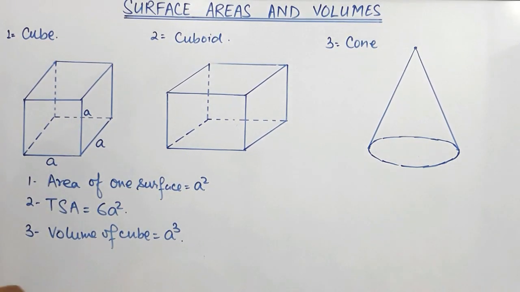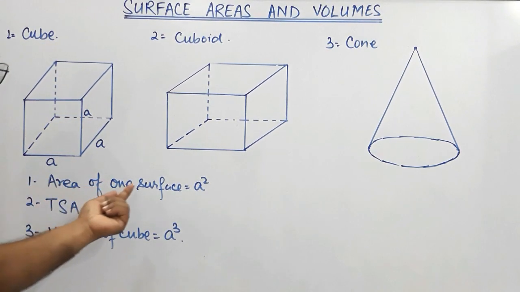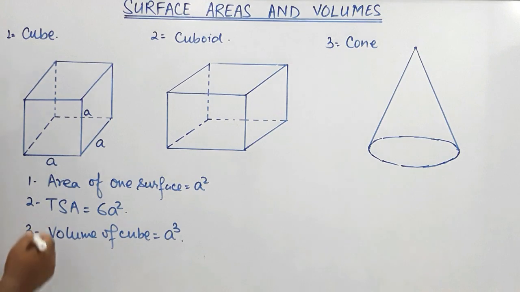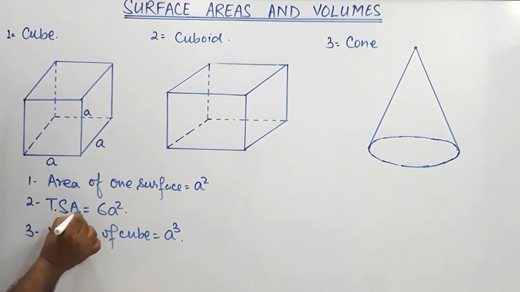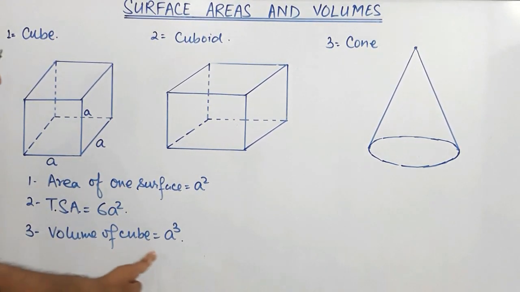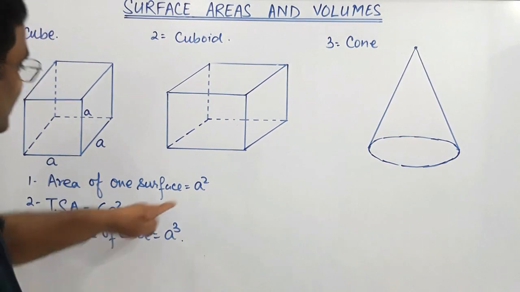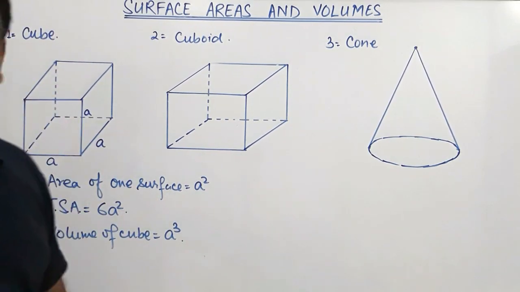So the area of one surface of the cube is A square, total surface area of the cube is 6A square, and the volume of the cube is A cube, where A is the side of this cube.